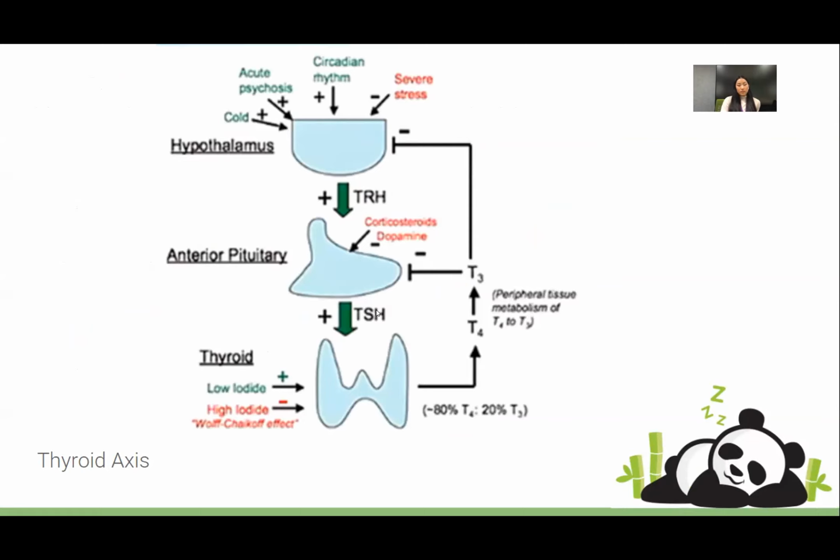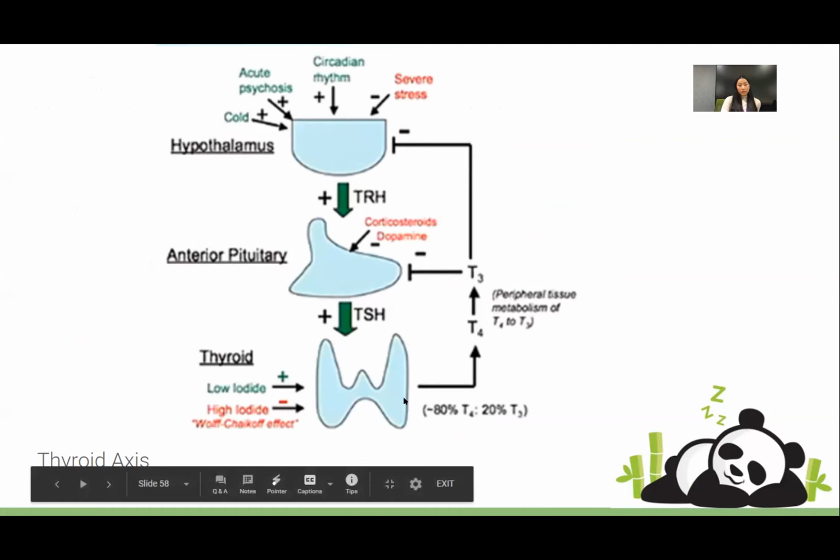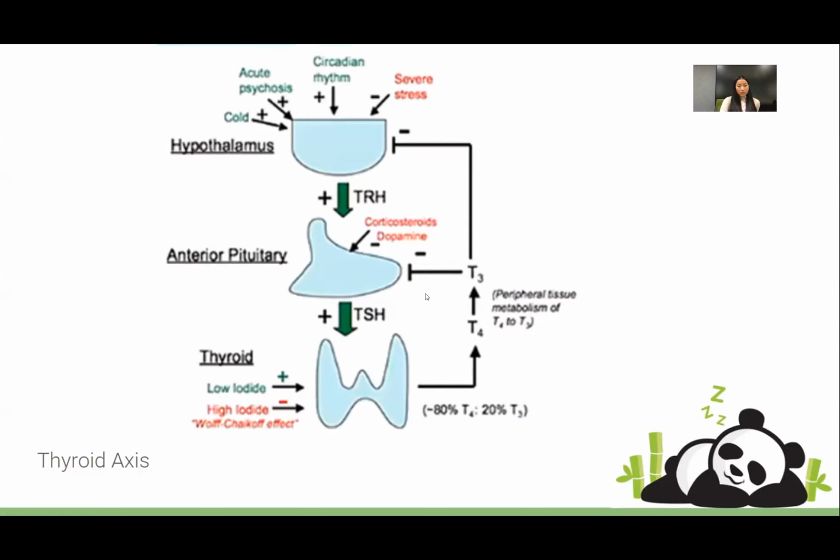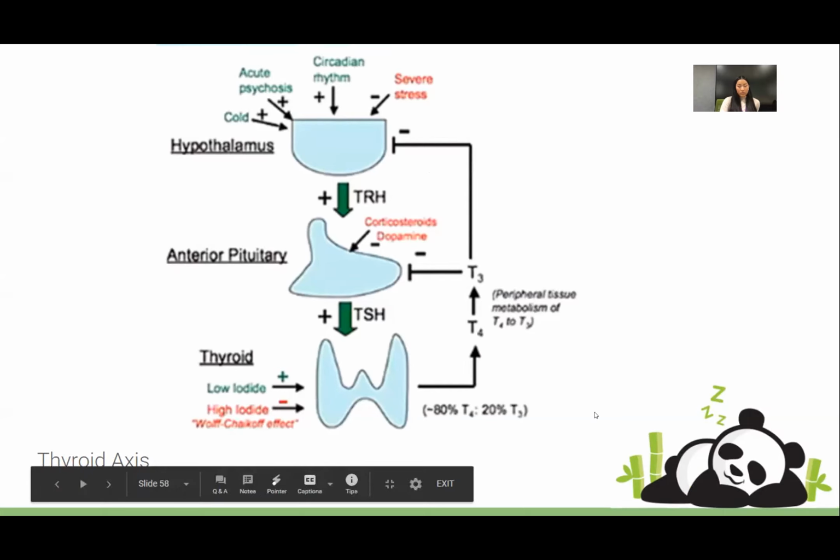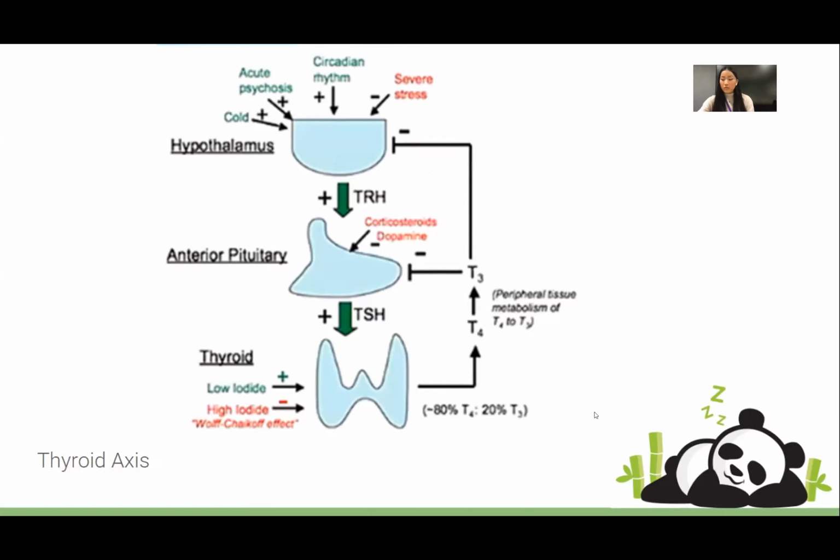Thyroid stimulating hormone will act on the thyroid gland to stimulate T4 and T3 production. And T3 and T4 will negatively feed back on both the hypothalamus and the anterior pituitary gland to regulate the level of thyroid hormones in the body. And that's what we call the thyroid axis. It's a pretty standard negative feedback loop, so I don't imagine you guys would have too much struggle in learning that.